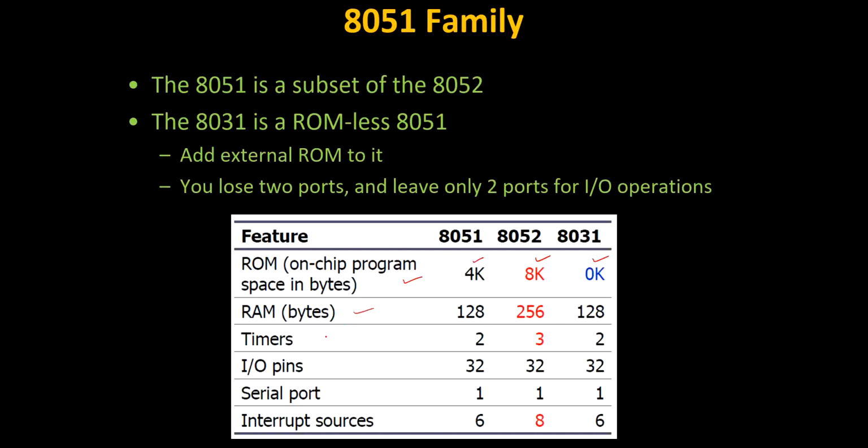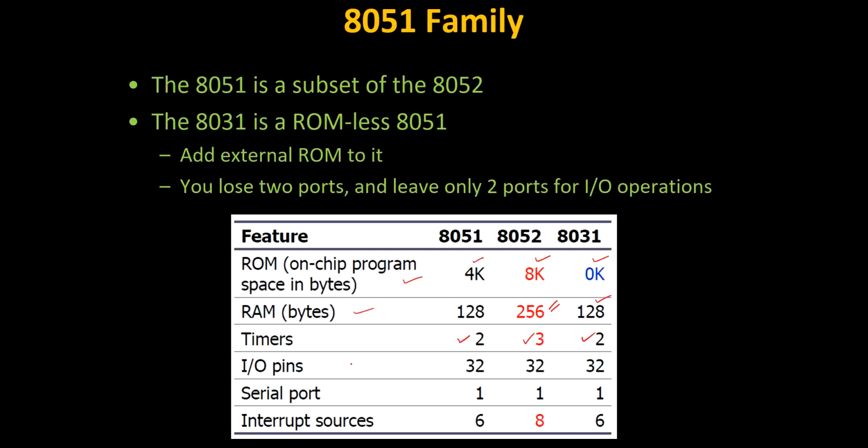For the RAM, meaning the working registers, bit addressable or general purpose area, 8051 has 128 bytes, 8052 has 256, and 8031 has 128 bytes. 8051 has 2 timers, 8052 has 3 timers, and similarly 8031 has 2 timers.